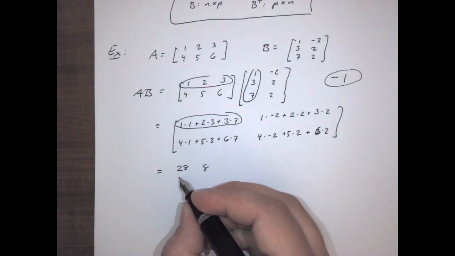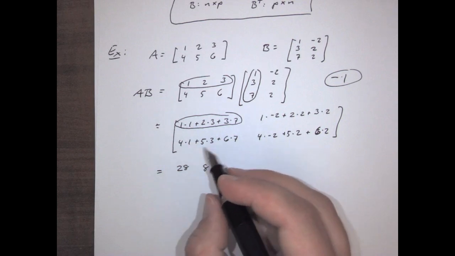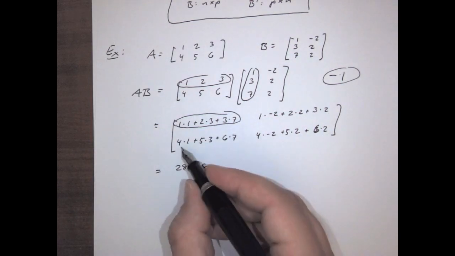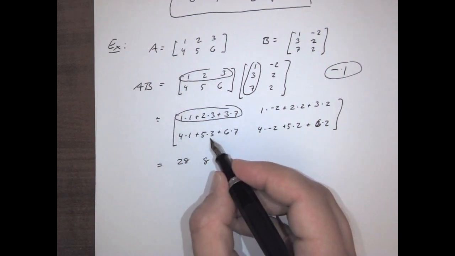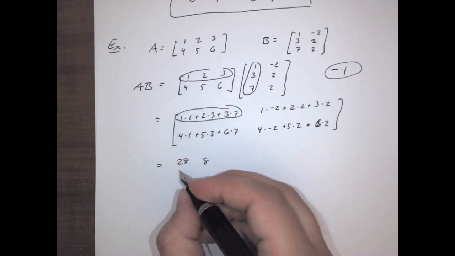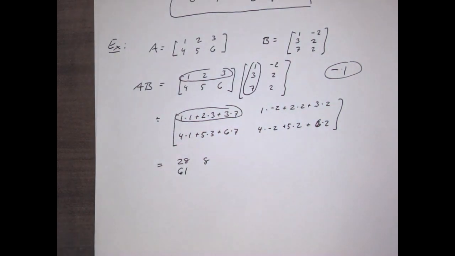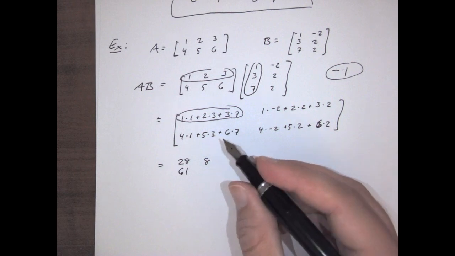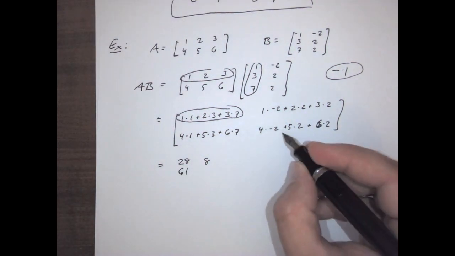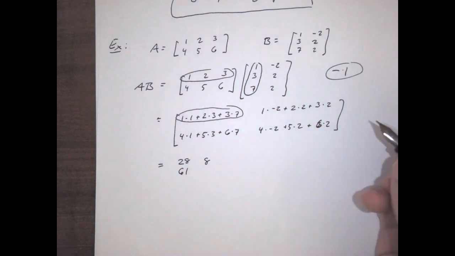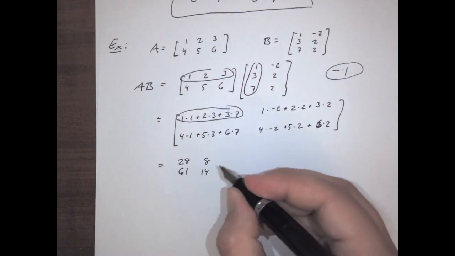And over here we're going to have 4 plus 15 is 19, plus 42 is going to be 61. Let's see, so 42 plus 15 is 57. Yep. And then minus 8 plus 10 is going to be 2, plus 12 is 14.